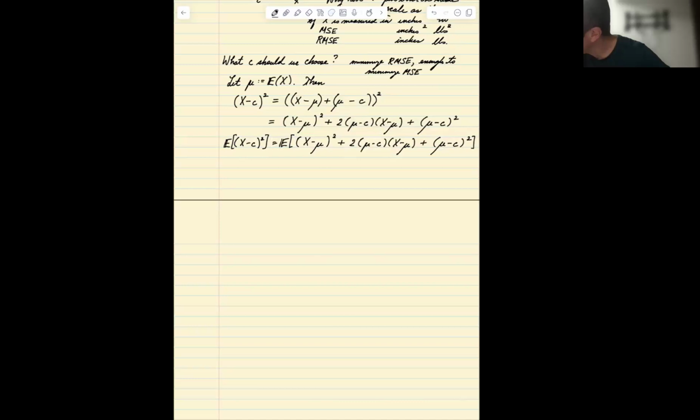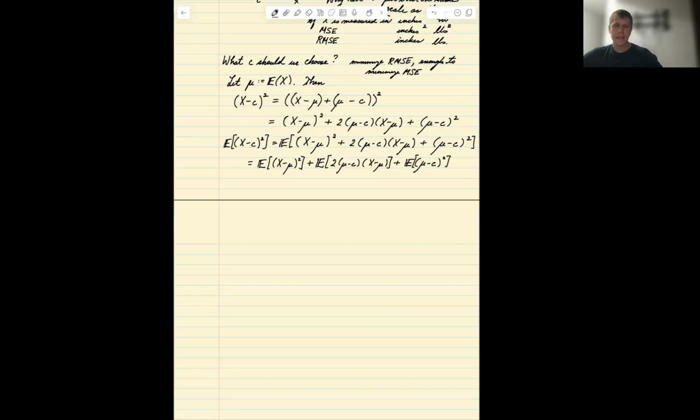Remember, the additivity property of expectation allows us to break this up into 3 terms.